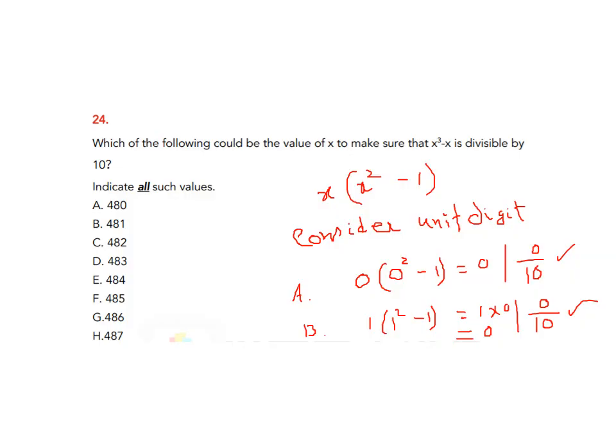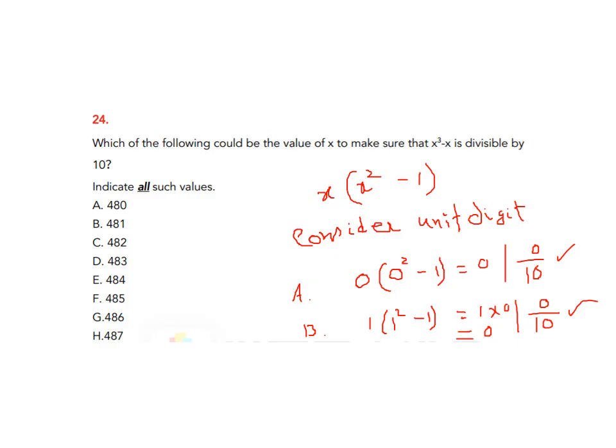Let us consider the unit digit and test the options. So we have taken x as a common factor, x times (x squared minus 1). So let's start with option A, that is 418. Here the unit digit is 0. So 0 squared minus 1. We get 0, divisible by 10. So this number is divisible by 10.